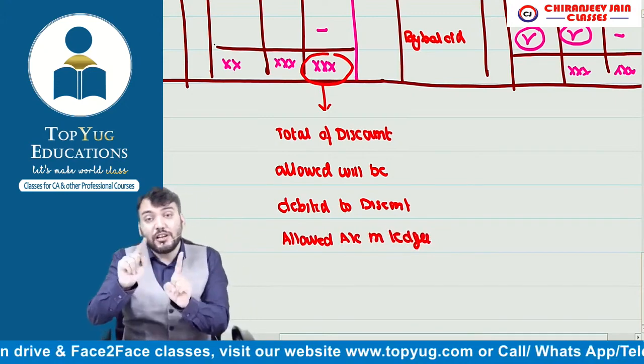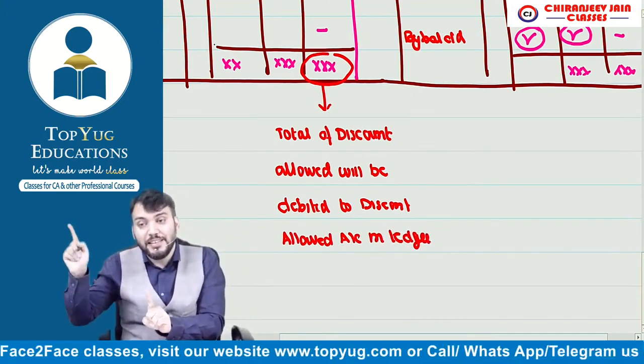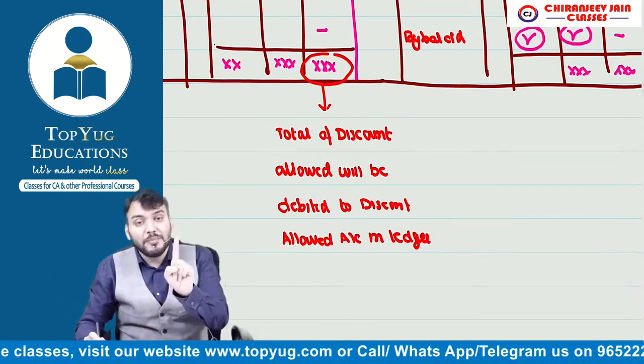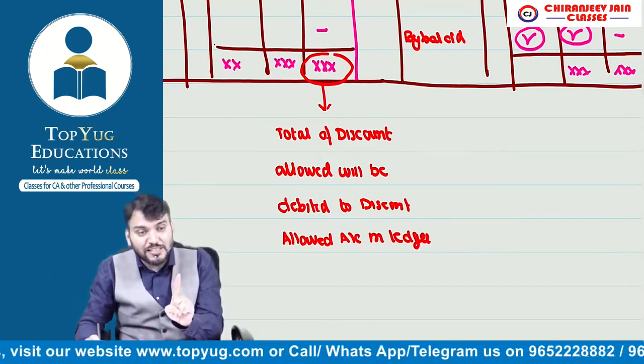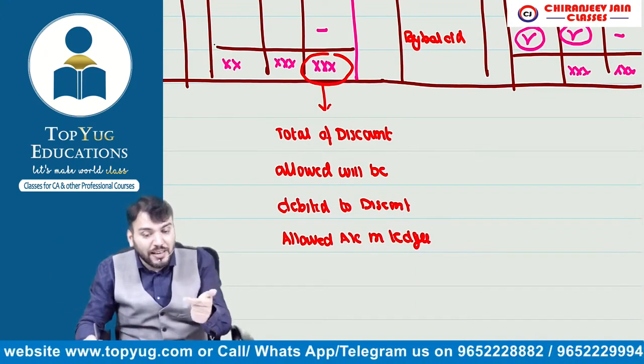The total of discount allowed will be debited in the discount allowed account ledger. Means there is a need to prepare discount allowed account in ledger.